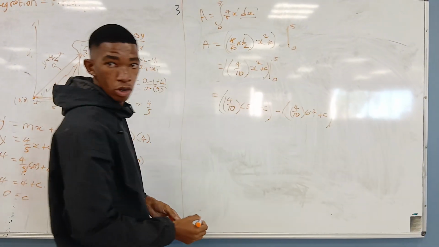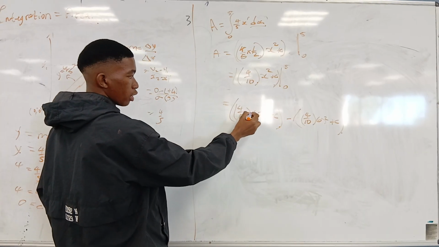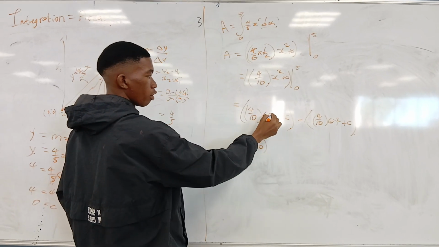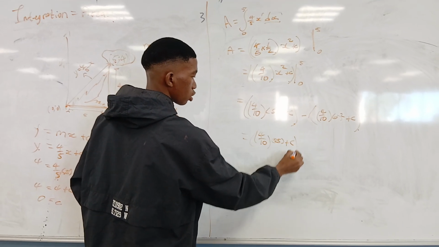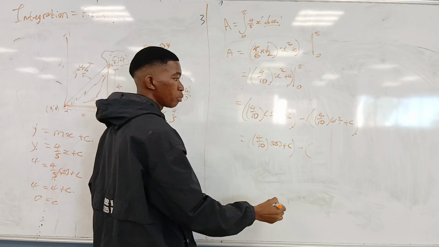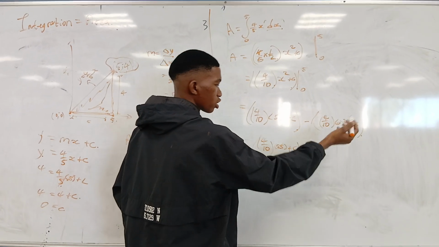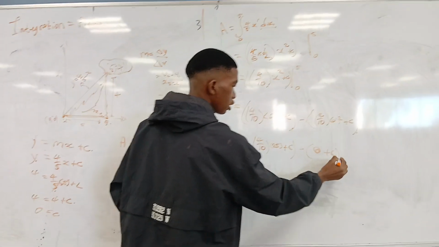Now how do we further our simplification? Let us continue. We have our 4 all over 10. Here we have 5 squared, which is going to give you 25, plus c, close bracket, minus, open bracket. Here we're going to have 0. 0 multiplied by this fraction is going to give you 0. 0 plus c. Let us continue.